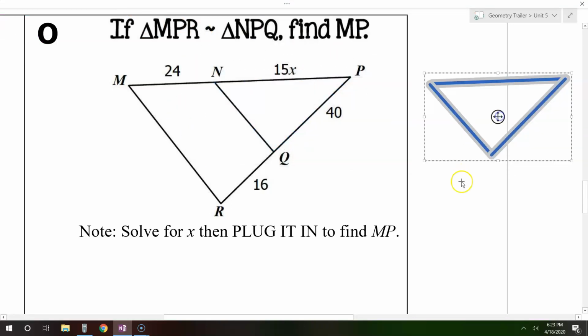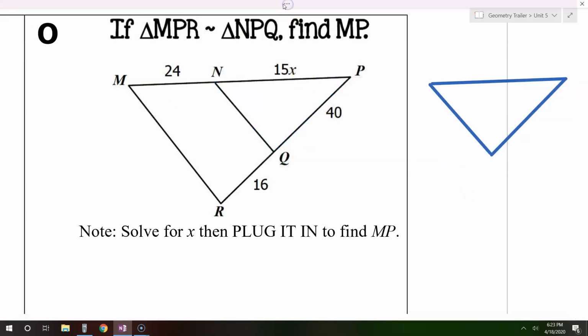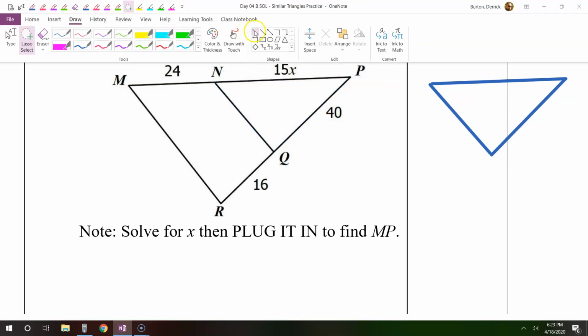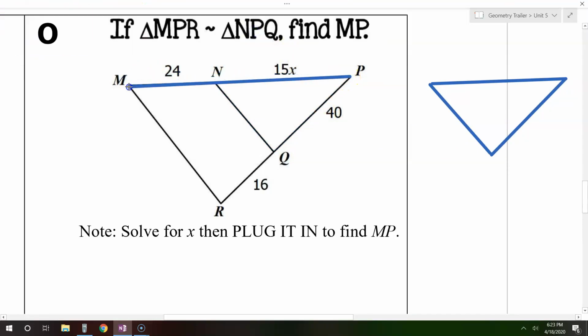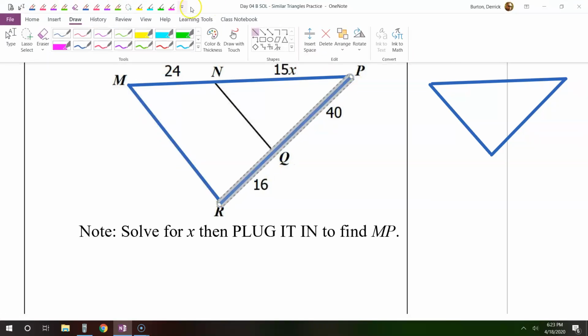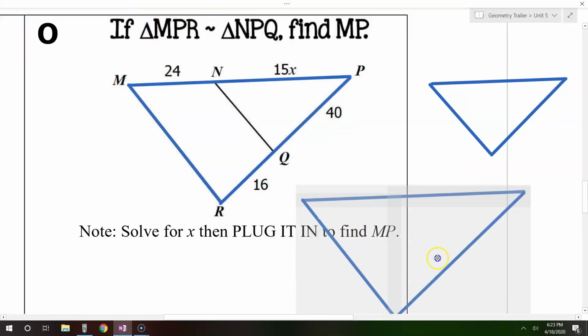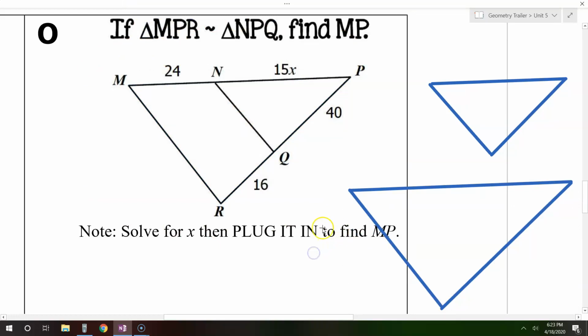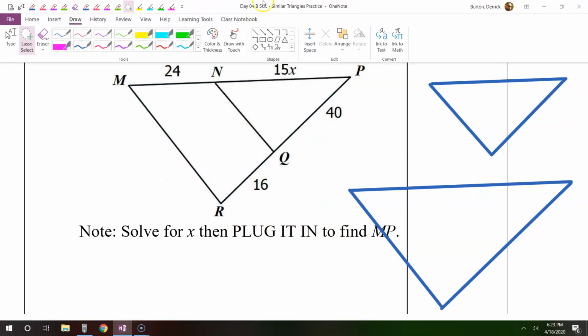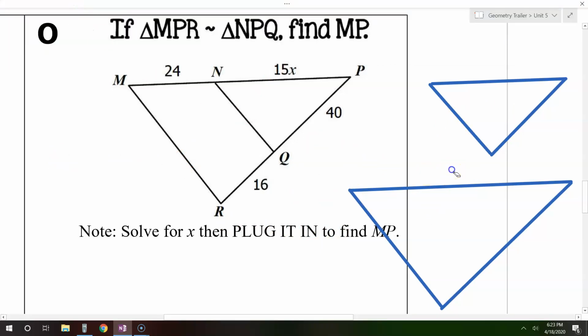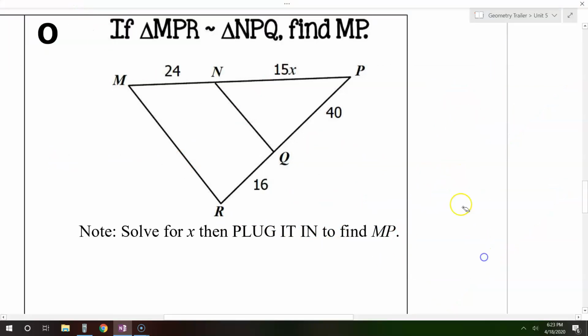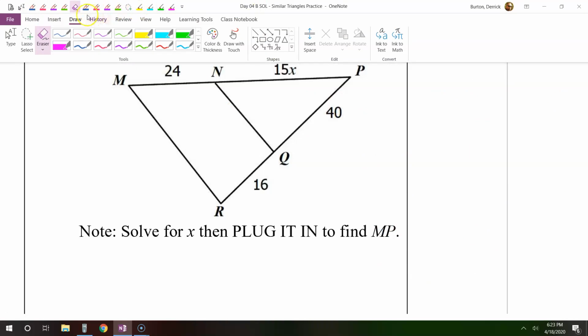And then I would take the large triangle and do the same thing. This is what I usually do when I see that I have overlapping triangles. I draw them separately, and then I do the whole new over old thing like I did on the previous problem. But occasionally, we can do something better than that.